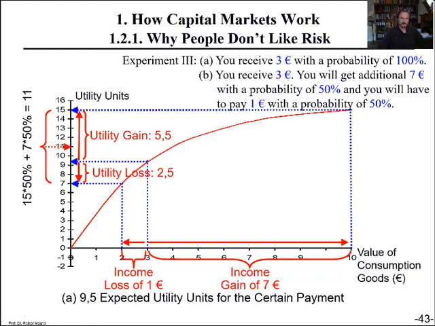In this example, expected utility from the uncertain payment is higher than the expected utility from the certain payment. The result is a person with such a utility function will now accept the risk of the uncertain payment because compensation is paid for this risk in terms of a higher expected utility level.